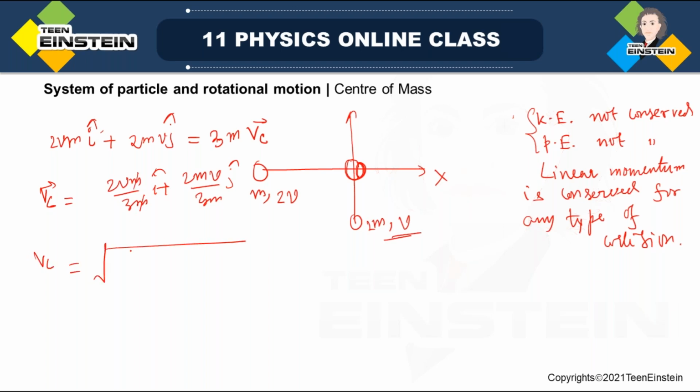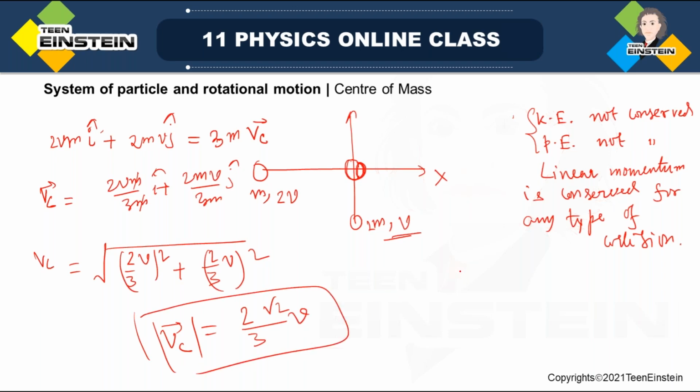The m goes off, so the component is 2v by 3, squared, plus here also 2v by 3, squared, which gives 2 root 2 by 3 into v. This will be the final speed, the magnitude of the final speed.